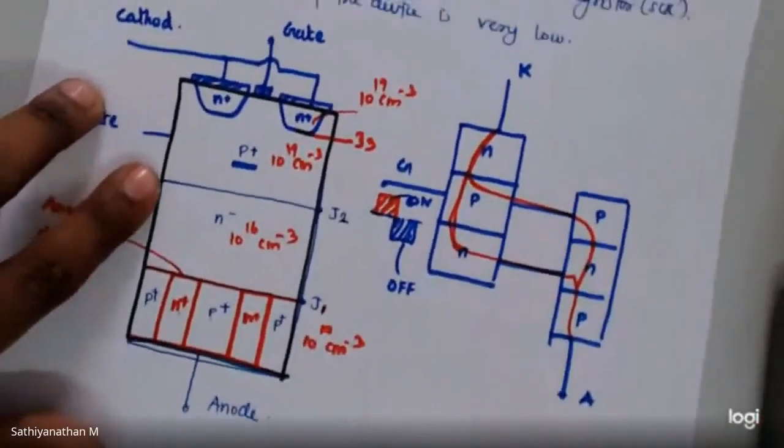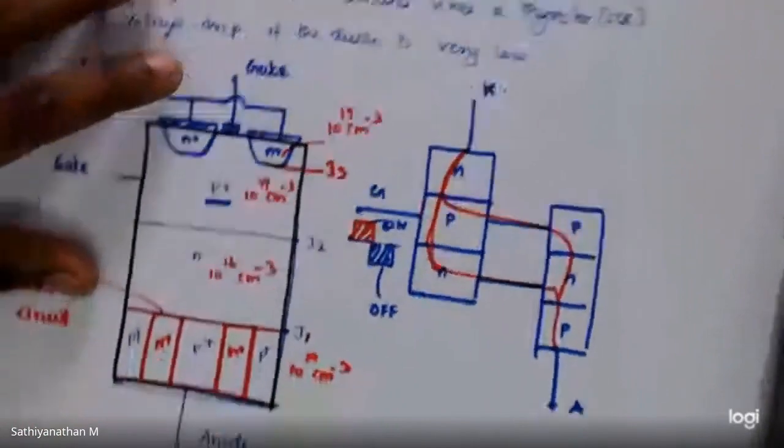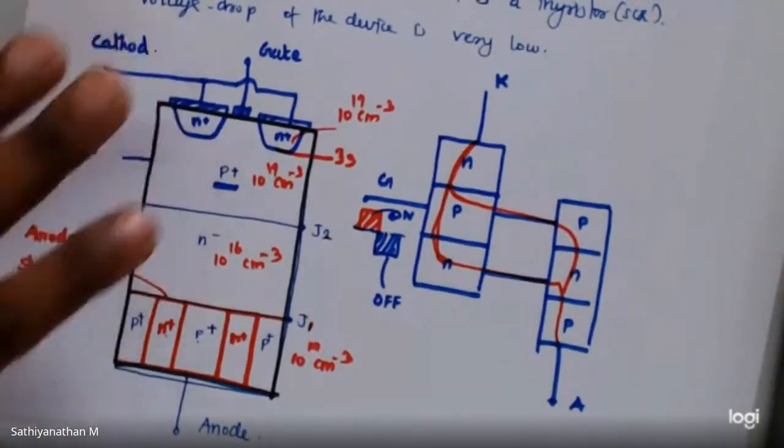In order to understand the circuit operation, we can write the current equations. We already derived it for the two transistor model, so once again I repeat.